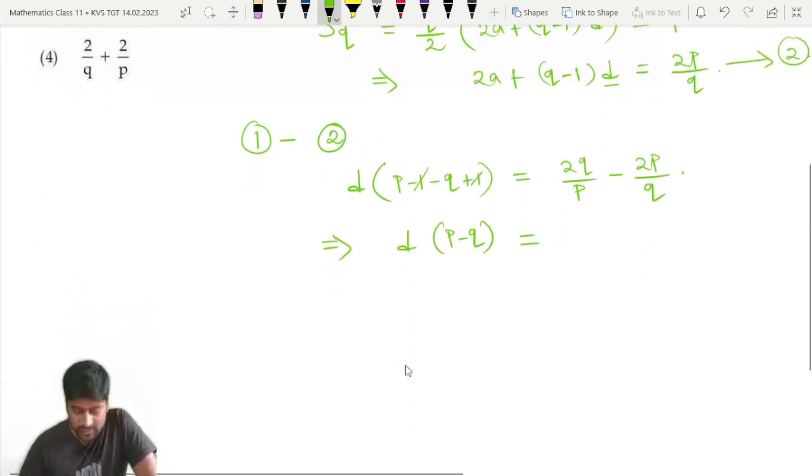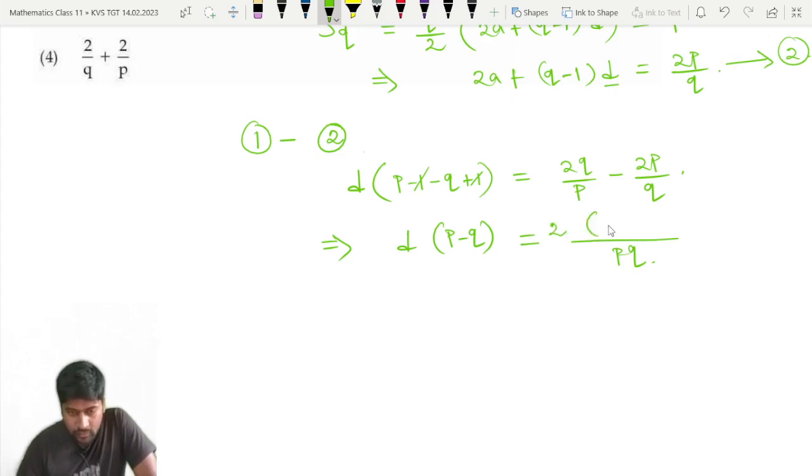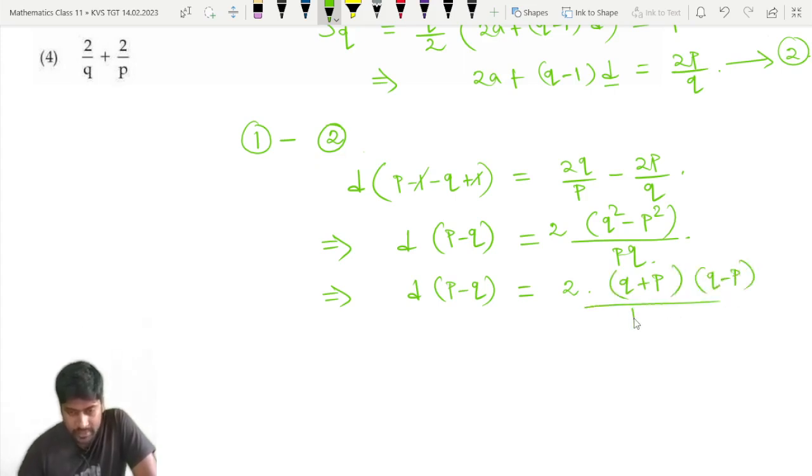Then we have to simplify it. So PQ, 2 I can take out, it will become Q square minus P square. So D into P minus Q will be equal to 2 into, here I can write Q plus P into Q minus P, divided by PQ.